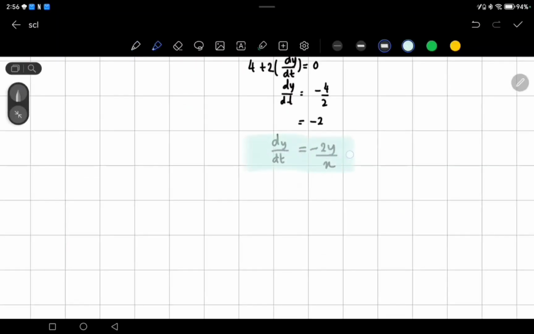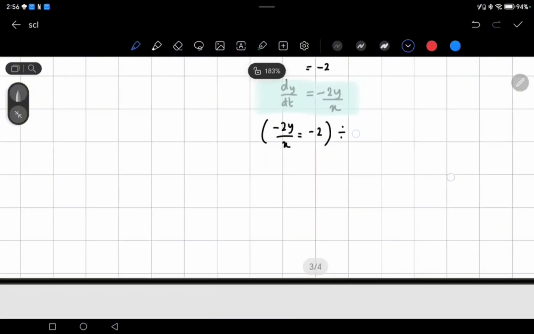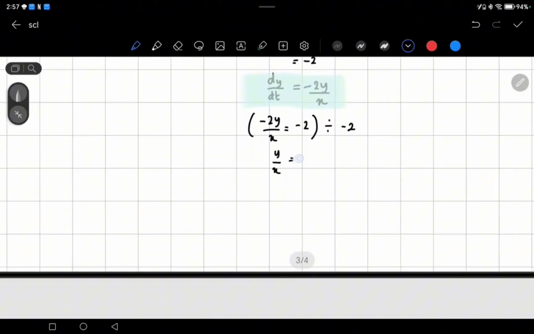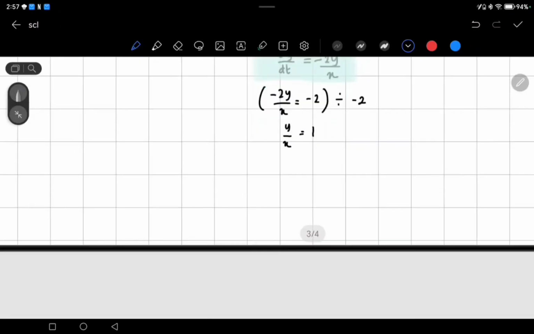Now we can use this formula and equate with the -2 that we calculated just now. Divide it by -2 equals to 1, or we can rewrite it as x equals to y.